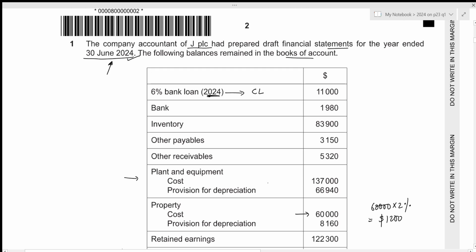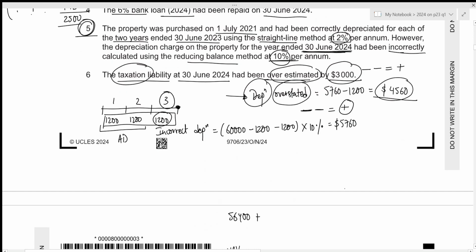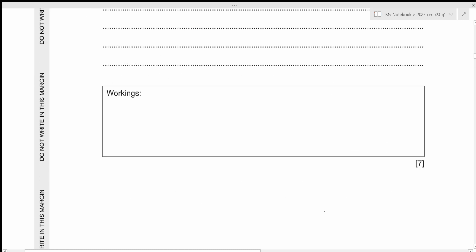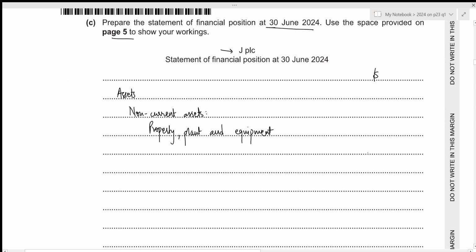So we can just calculate the net book value by subtracting this provision for depreciation from our cost, 137,000 minus 66,940, which results in our net book value for the plant and equipment to be 70,060. Let's add it up. This results in the value of 126,460. Let's write it down within our statement of financial position. 126,460. That's all for the non-current assets.